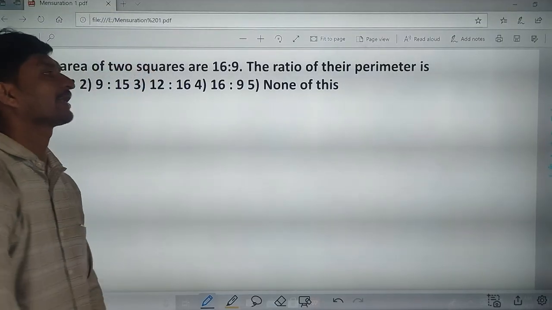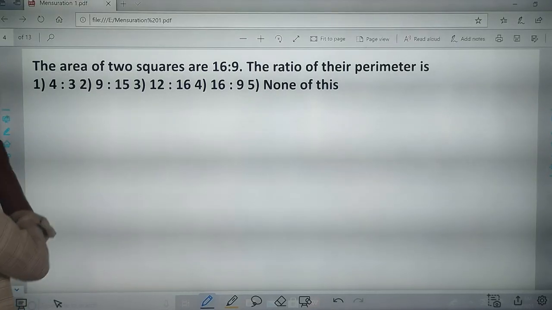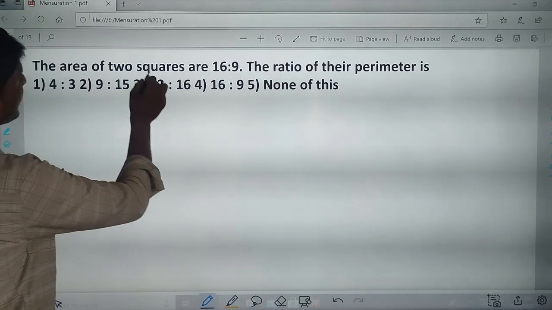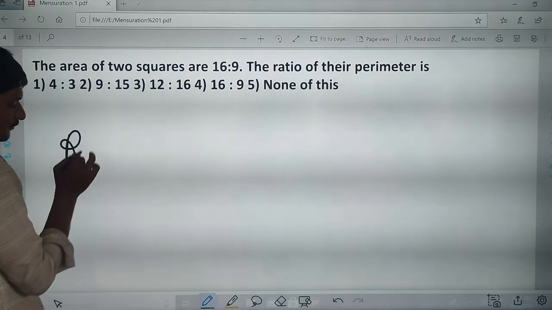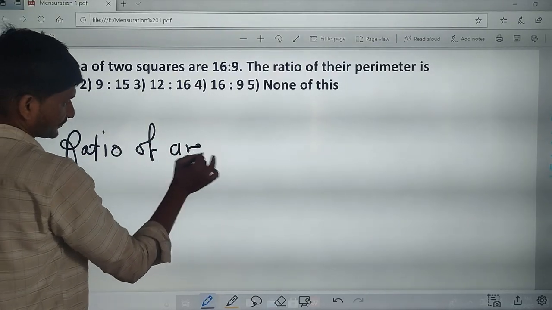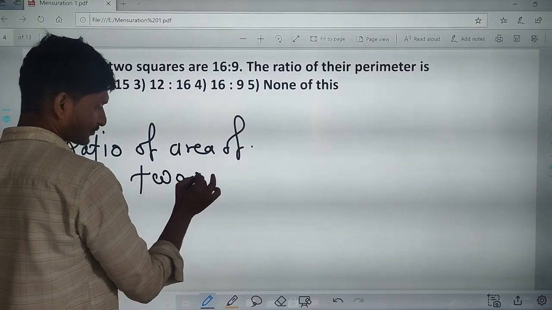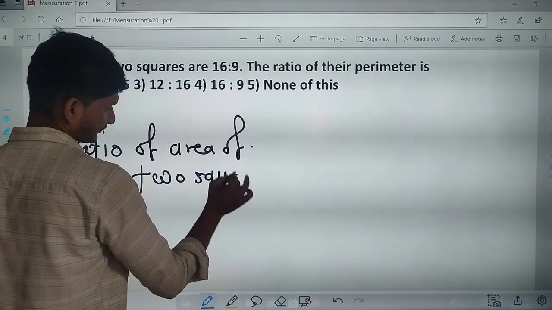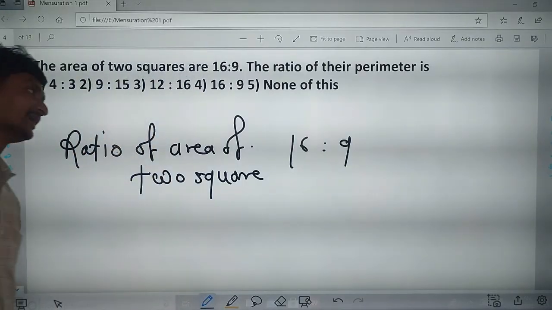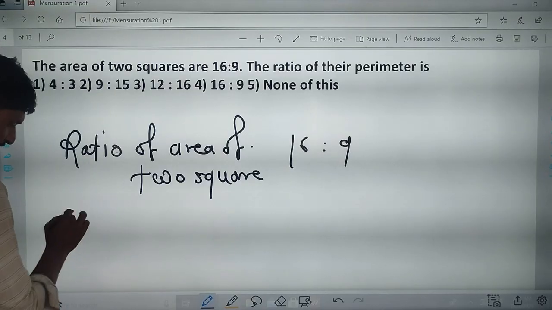What is the ratio of their perimeters? The ratio of the areas of the two squares is 16:9. Then the ratio of sides of the two squares is the square root of these two.